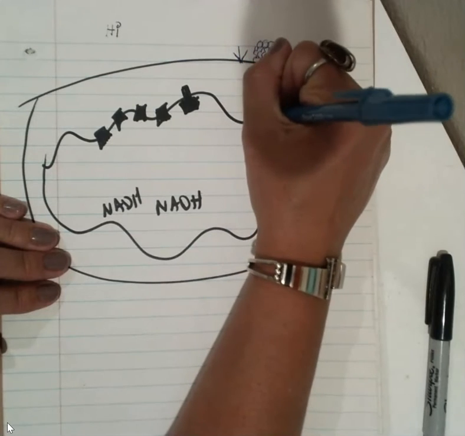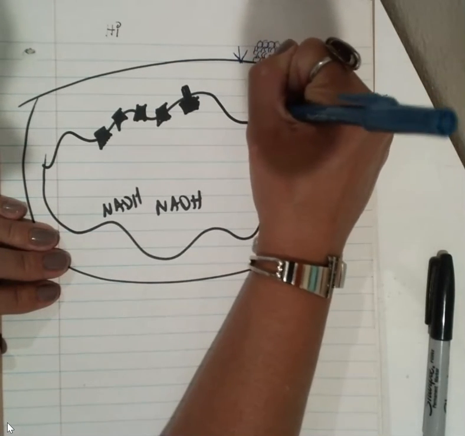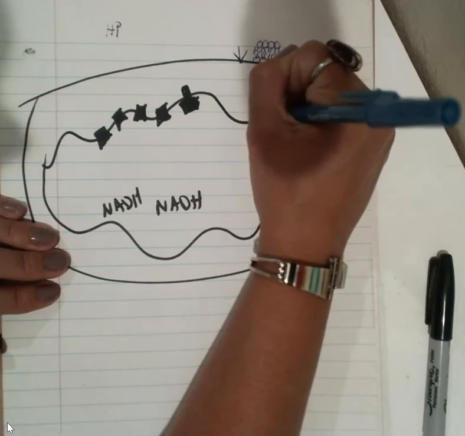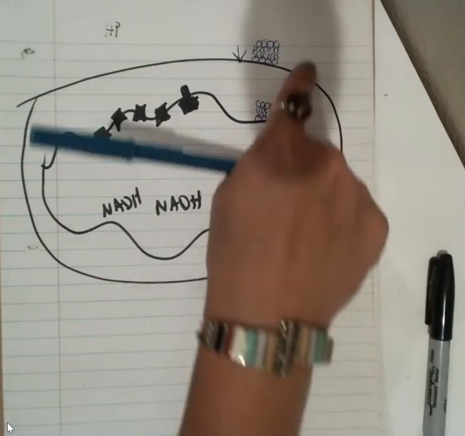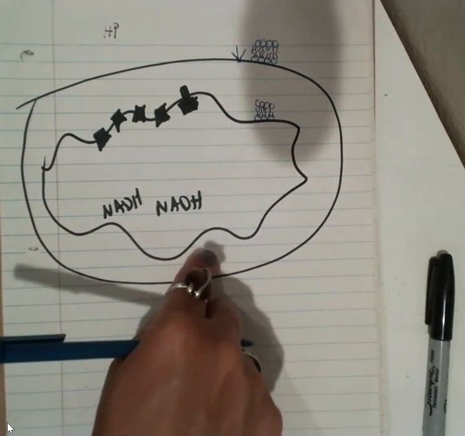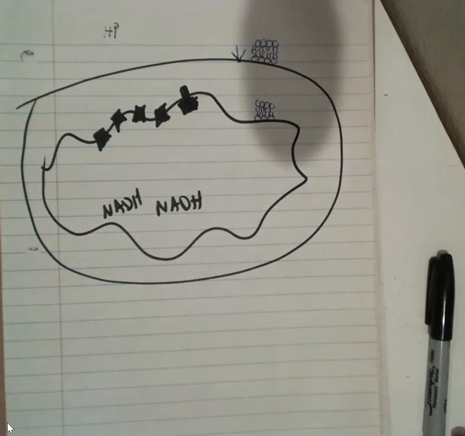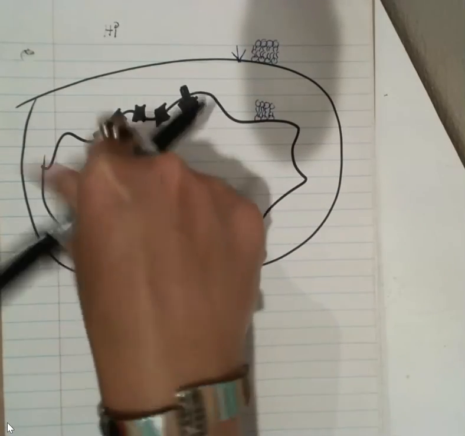Same thing here. This is also a lipid bilayer, and this is important for helping to establish that proton gradient. So the mitochondria is surrounded in the lipid bilayer, as well as the inner membrane of lipid bilayer. And in this inner membrane, we find the electron transport chain, which are these proteins here.